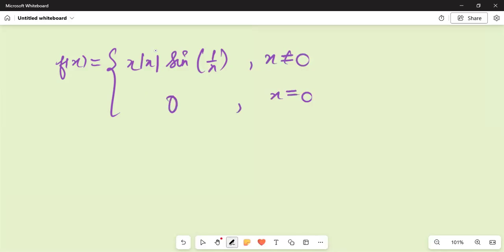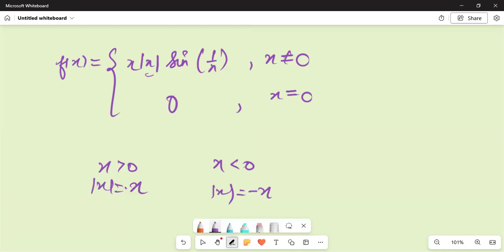We can easily get away with this modulus function. We just need to use the definition of the modulus function. If x is greater than 0, mod x is actually x. And if x is less than 0, mod x is minus x. The work of mod x is just to make the quantity positive. So if x is less than 0, the modulus makes x a positive value by adding a minus sign.